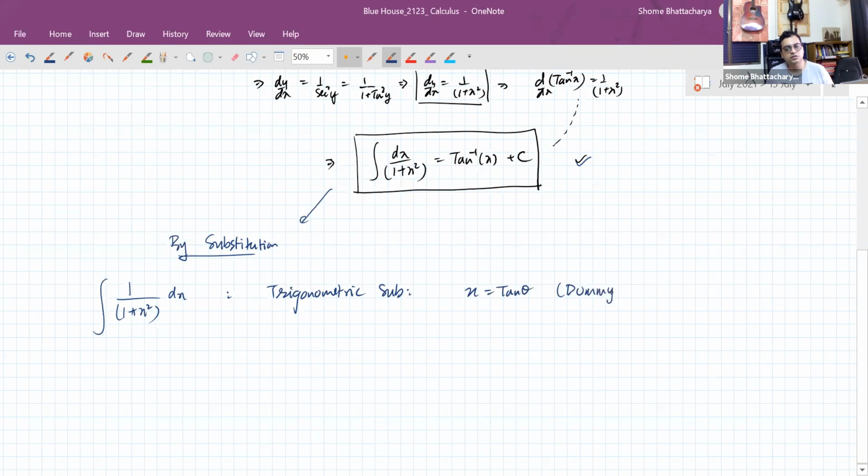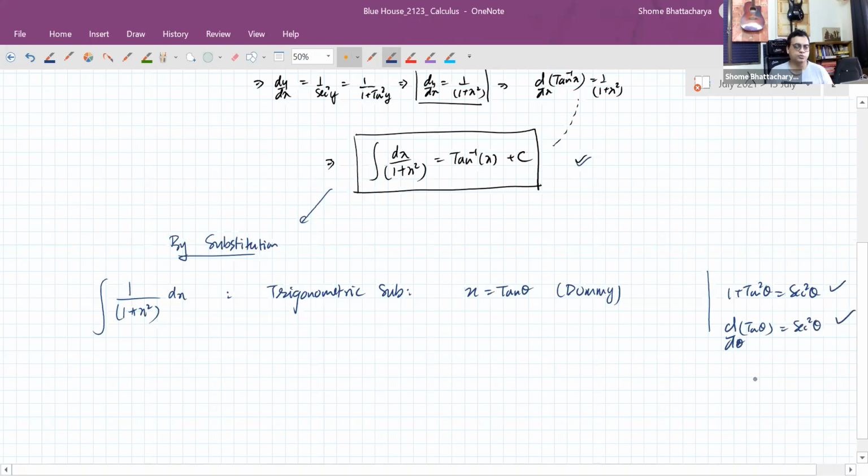The reason we do this substitution is that we make use of the identity that 1 plus tan square theta is sec square theta, and we also make use of the derivative, that derivative of tan theta is sec square theta, to take advantage of these two properties. Once I substitute x as tan theta, the denominator simply becomes sec square theta, as you can see from here.